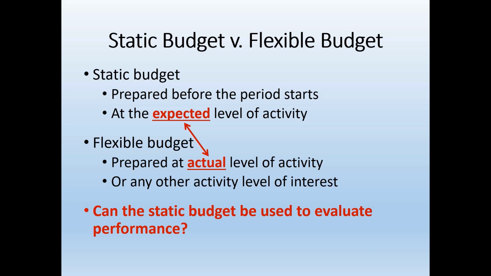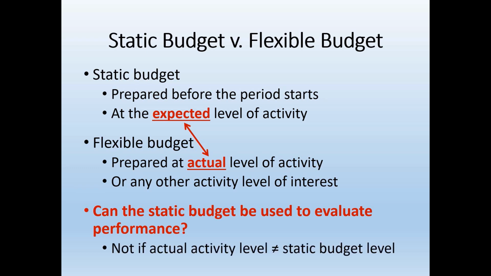But that doesn't happen very often, and if it does, it's really sort of a coincidence. But if the actual activity level is different from the static budget level, then you cannot use the static budget to evaluate performance. It wouldn't be a fair comparison. Let's see how that works.